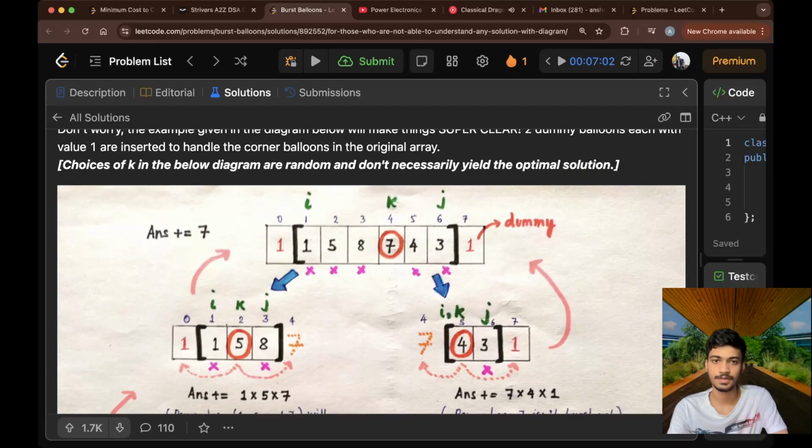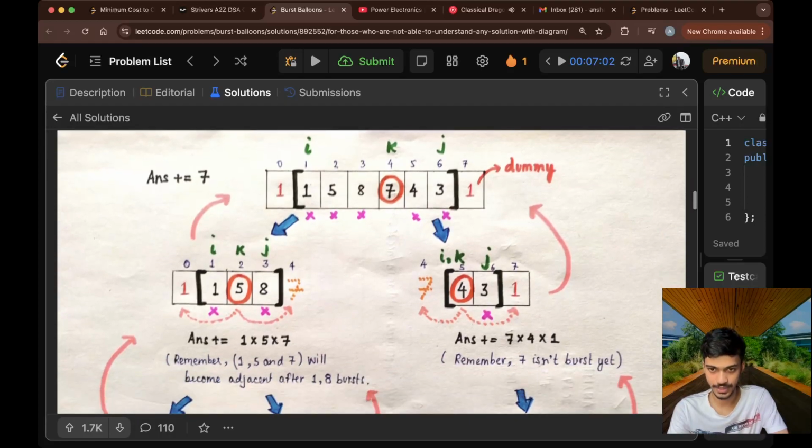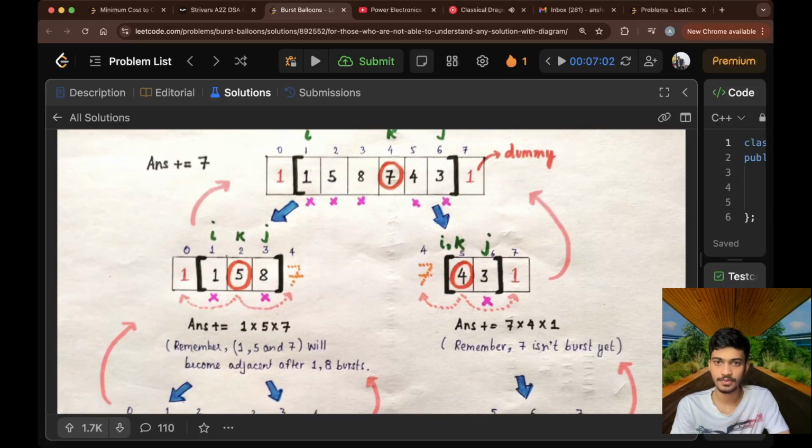Yeah, I was thinking that only. Dummy, obviously, I put that thing. Then, okay, k is here. So burst this balloon, get the profit. k minus 1, k plus 1.